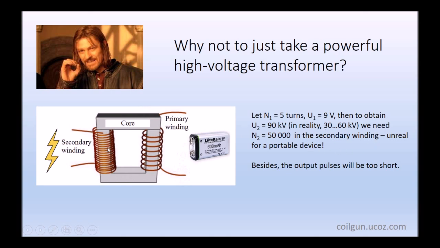So we must ensure a transformation coefficient of about 10,000, and accordingly the number of turns in the secondary winding should be, as you can see, 50,000 turns. It's a huge number which cannot be achieved in a portable device, because we should also isolate it very safely, and the core should be isolated, and it must fit in your pocket.